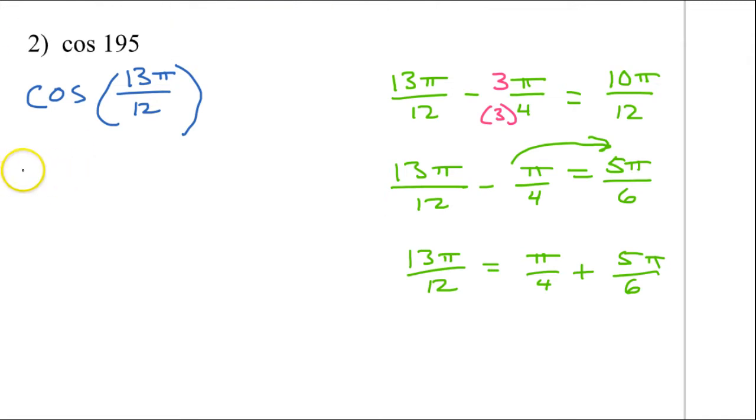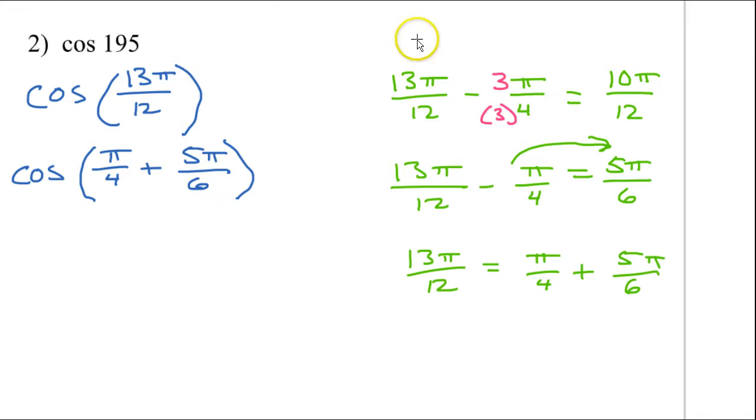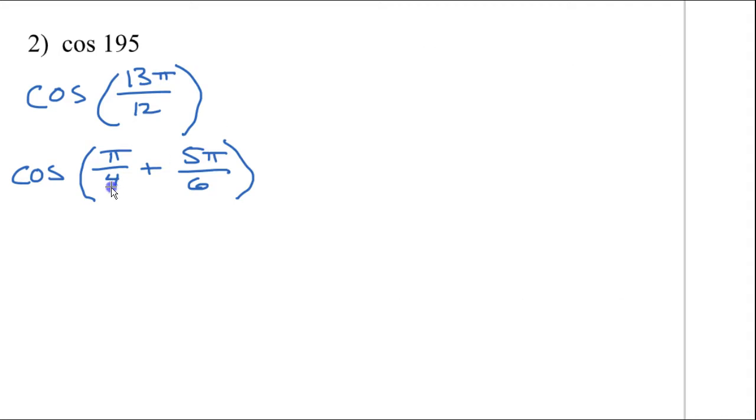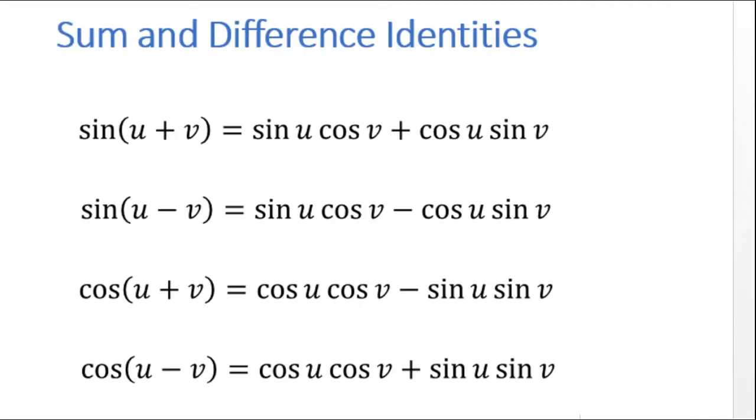So I should be able to rewrite this in the following way. The cosine of pi over 4 plus 5 pi over 6. Alright, these both involve special angles that I can evaluate without a calculator. Okay, so now I need to use my sum and difference formulas.